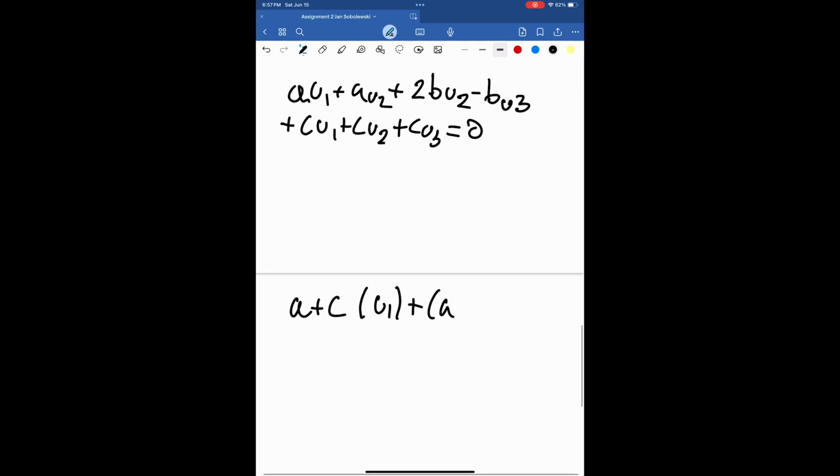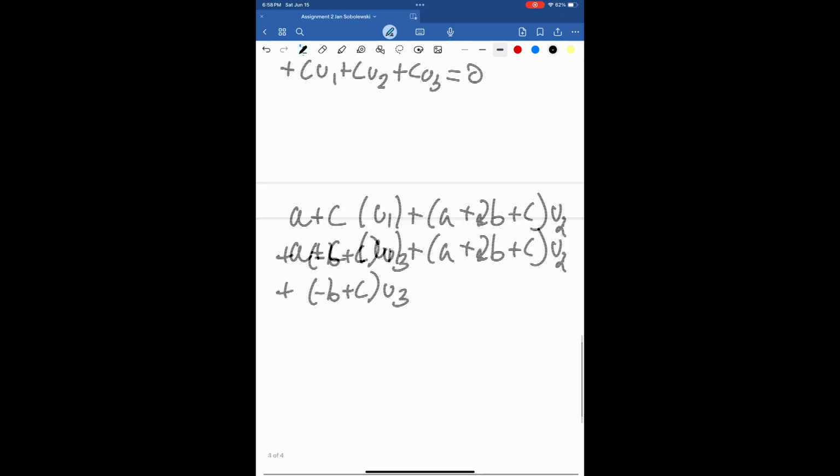Then we got our second factor for u2. This is just going to be a bit messy because of unfortunately constrained space, but the gist is we're getting our system and setting it up.